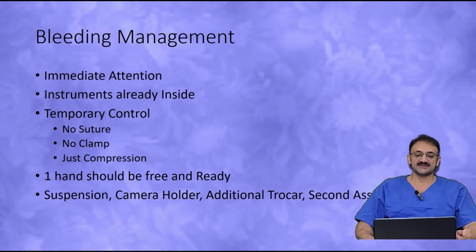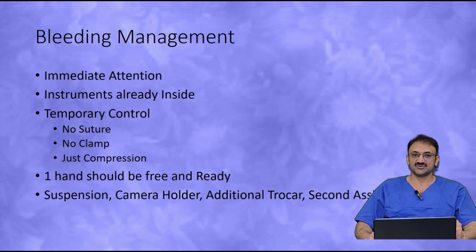This temporary control again has the same steps. You immediately compress the vessel, either by your instrument, or by a gauze piece inside, or a suction device, or atraumatic forceps. There is no suturing, there is no clamping.